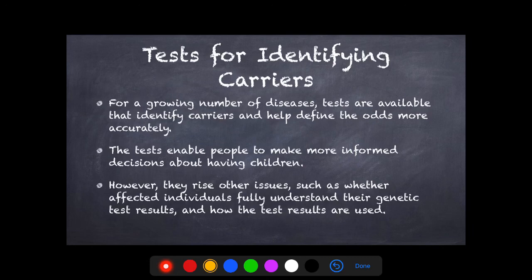Now, there are other issues, like whether the affected individuals fully understand what their genetic tests actually mean and how these tests are used. Some people can take it the wrong way and say, oh, if I'm going to have these chances of my child having even a small percentage of this thing, I'm not going to even try, and it's kind of sad because you never know.